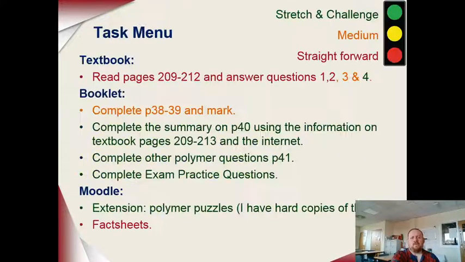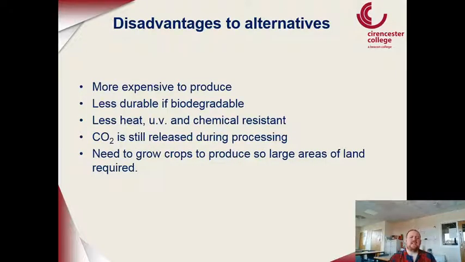The big problem with the alternatives is that they are actually quite expensive to produce. They're not particularly durable, and they can just come apart, so they're less predictable. So if you're packaging food in something that actually is quite biodegradable, then you have to worry about the packaging as well as the food inside the packaging.